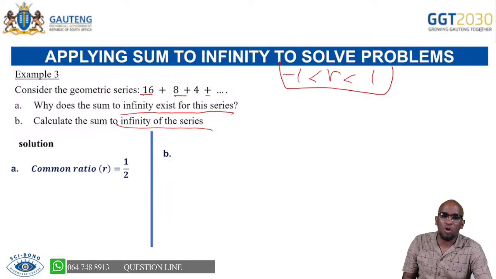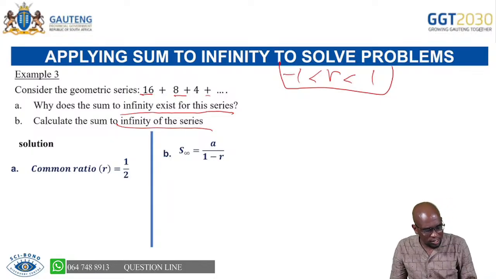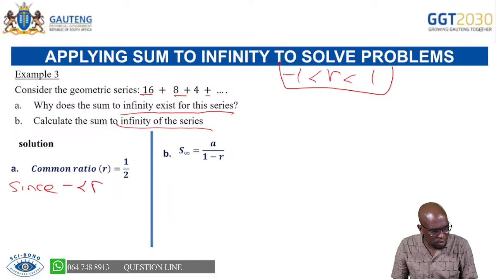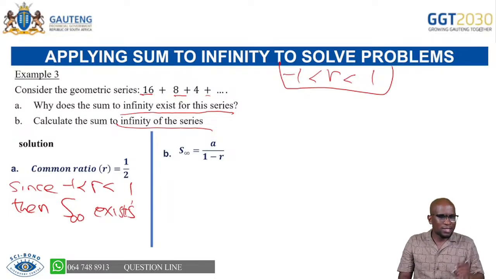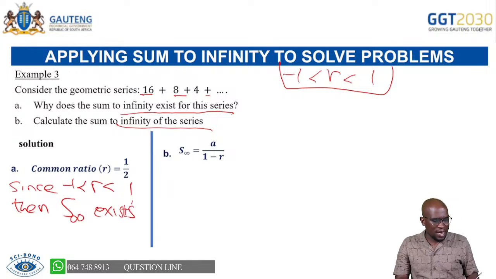We calculate the common ratio as I indicated, and then from there we say that the common ratio is between what? Since R is trapped between -1 and 1, then S infinity exists.